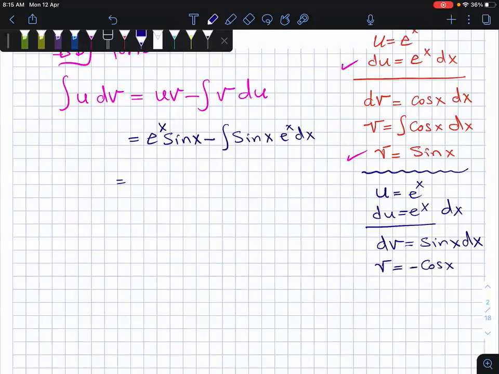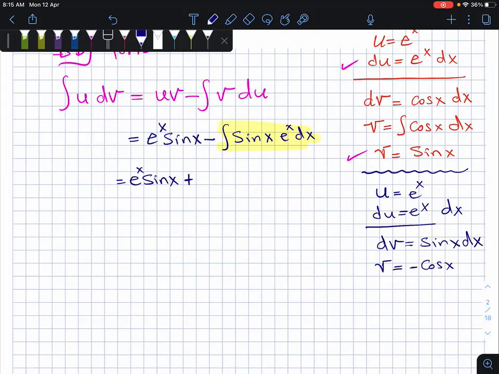So substituting, we have e to the power of x sine x, and for this part we use by parts, so we have minus uv. The u is e to the power of x and the v is negative cosine x.